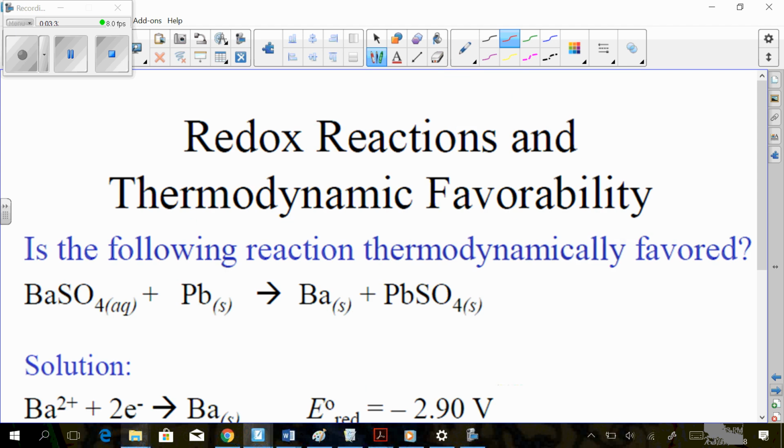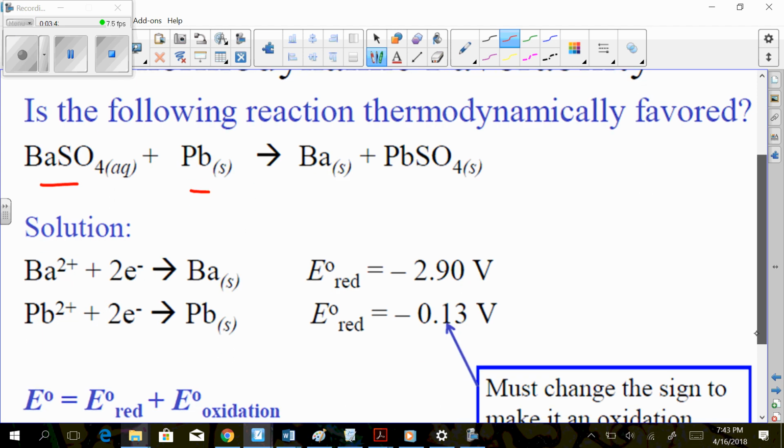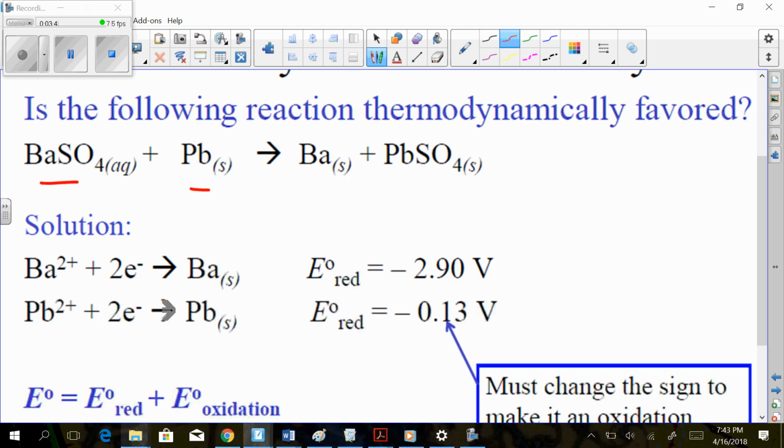Is this reaction written right here, barium sulfate, lead, when it reacts, thermodynamically favored? If you look up on the reduction potential table, find the reduction potential for barium, and you look up the lead ion and lead, you'll get these two values.